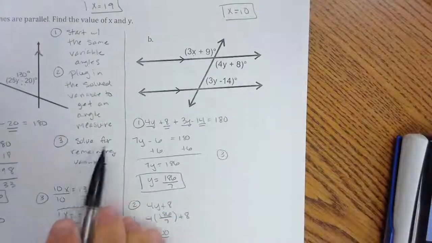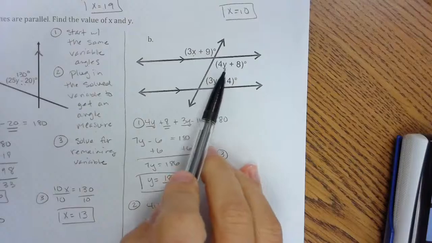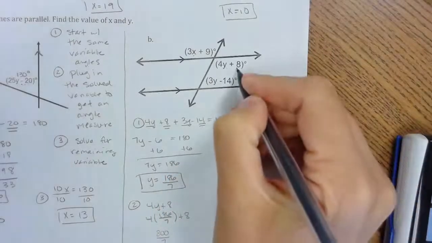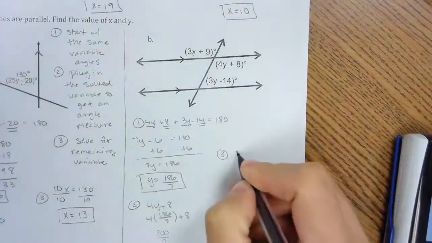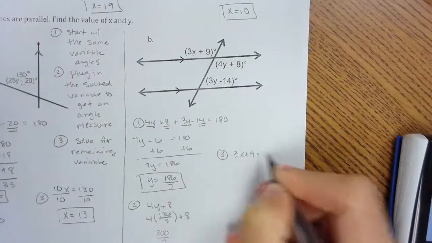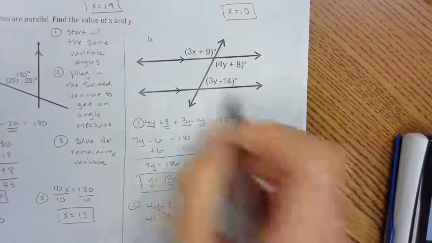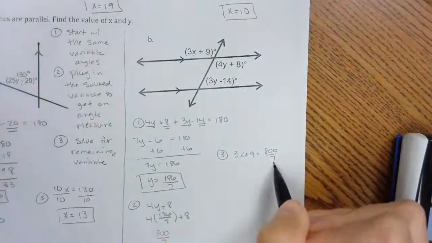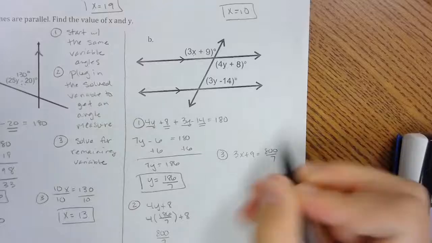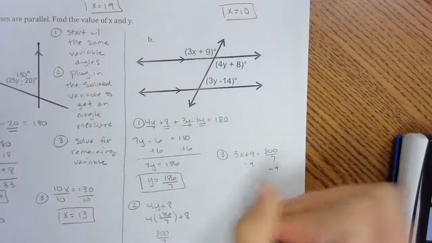Okay, and then step 3, solve for the remaining variable. So we know that this angle right here is that 800 over 7. So if this is 800 over 7, and these two are congruent, we can set the 3x plus 9 equal to 800 over 7. Okay, I'm going to go ahead and subtract 9.